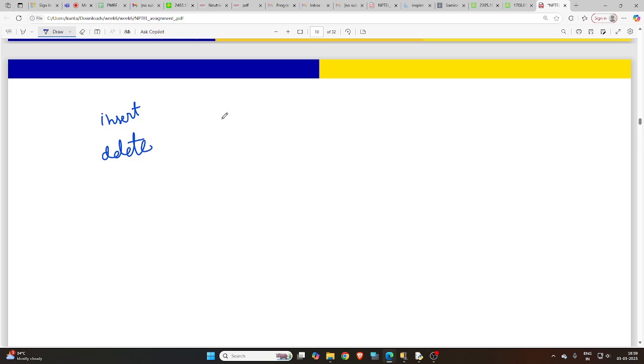Insert means we are going to insert one node in our binary tree. So let's say we are talking about the max heap case. What was the meaning of max heap? Max heap means at the very first it will be the maximum value, and then there will be 10, then 12, then there are two children, left child and right child, so 5 and 2.